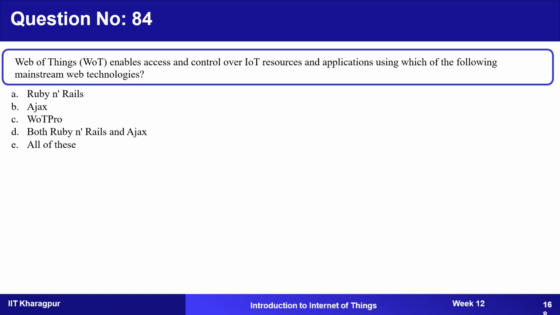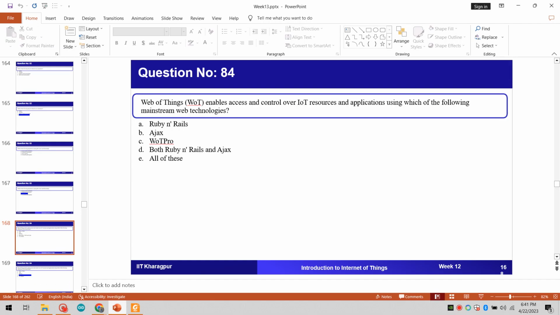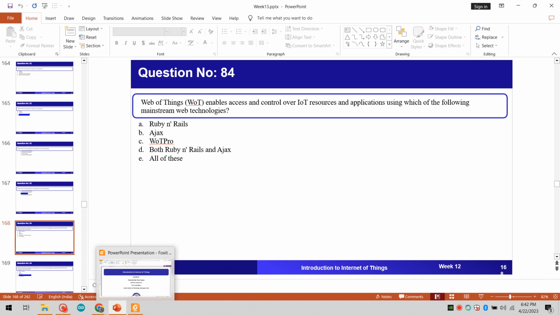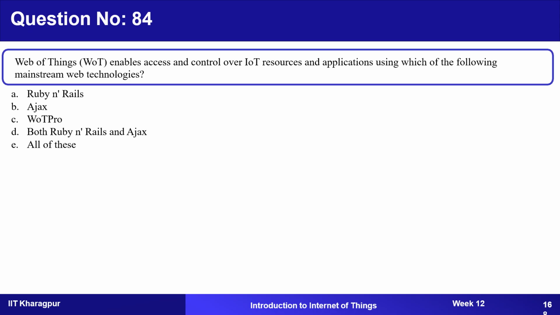Next question is, Web of Things enable access and control over IoT resources and applications using which of the following mainstream web technologies? Options are Ruby and Rails, Ajax, WordPro. D is both Ruby and Rails and Ajax, all of these.